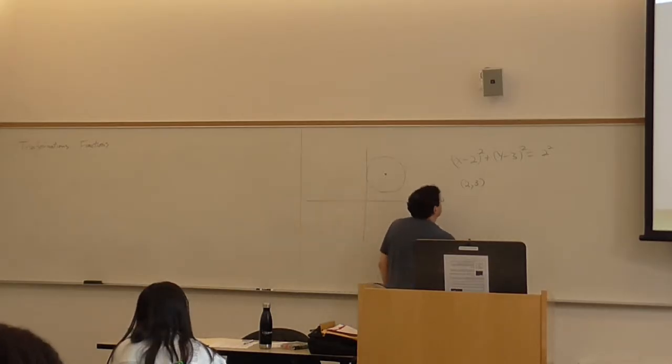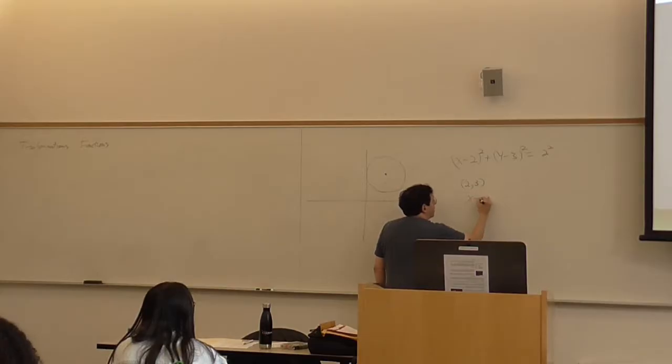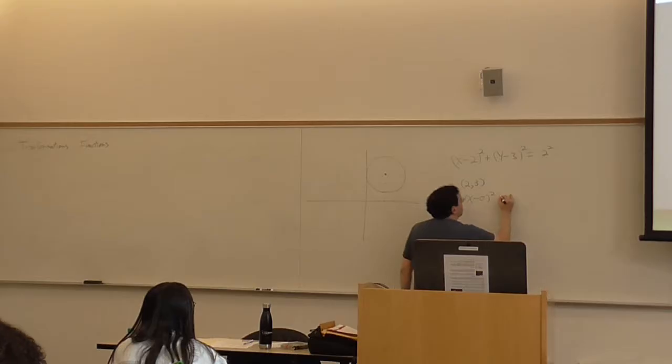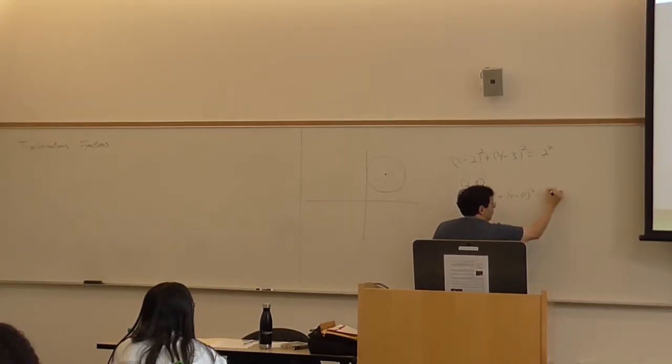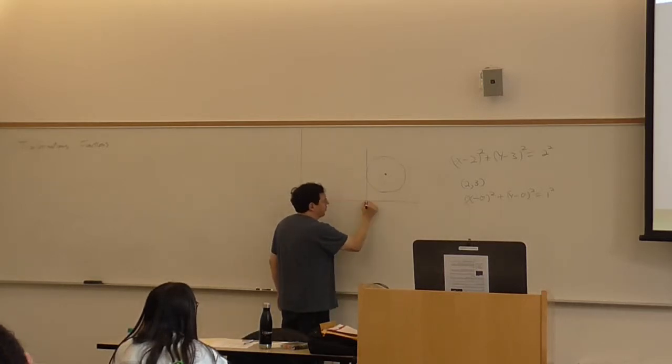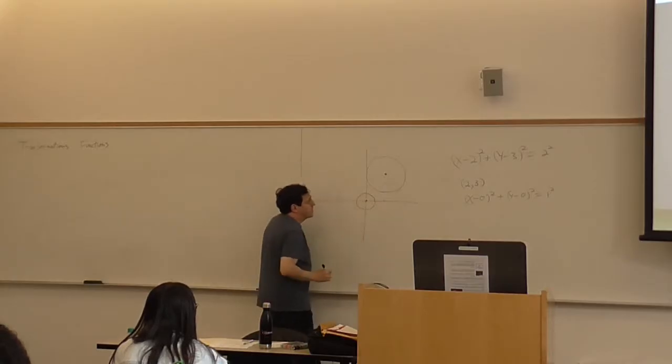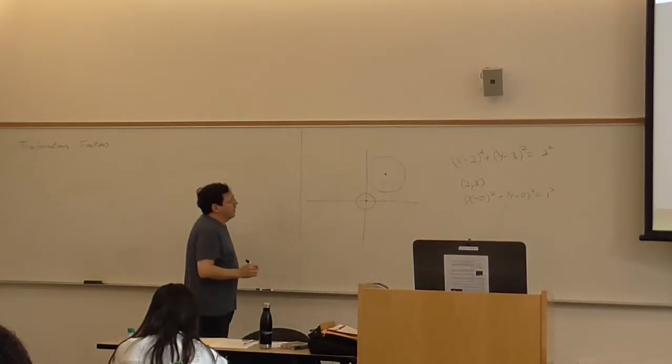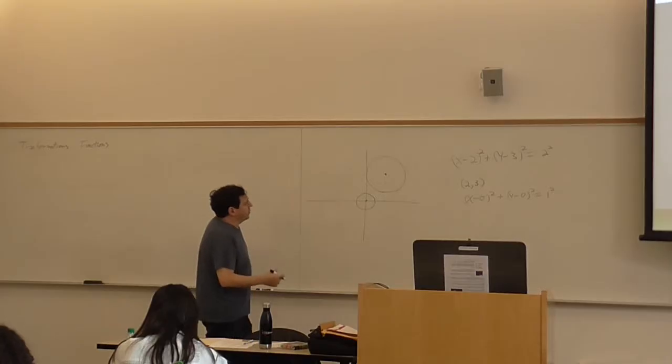Similarly, if I had, say, (x - 0)^2 + (y - 0)^2 = 1^2, well, now that's just a circle at the origin with radius 1. And let's do one more.